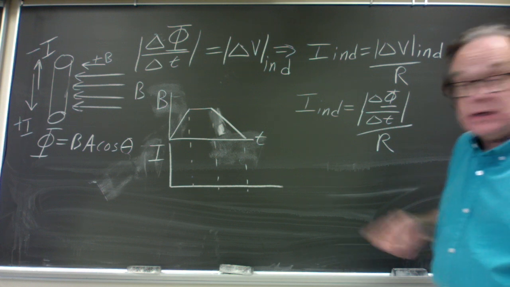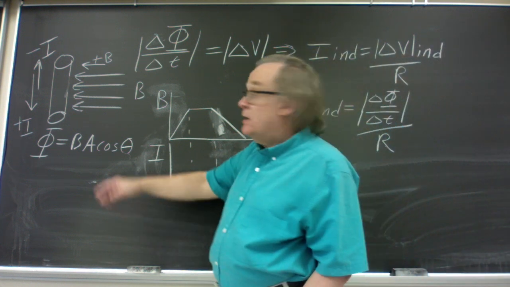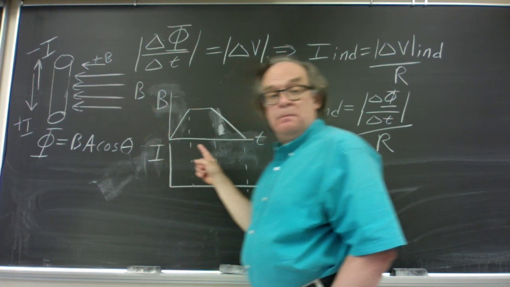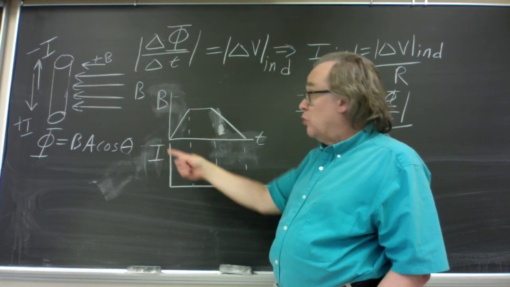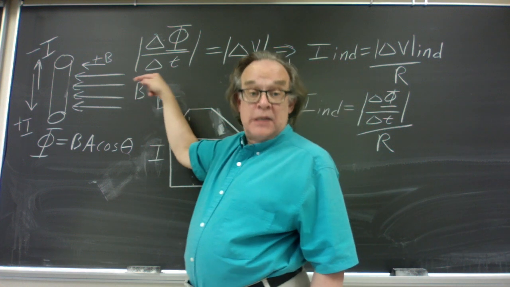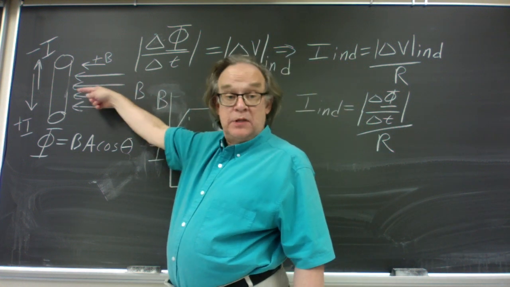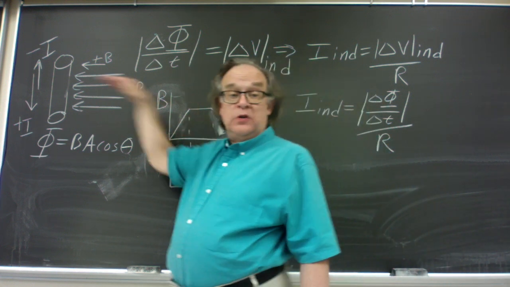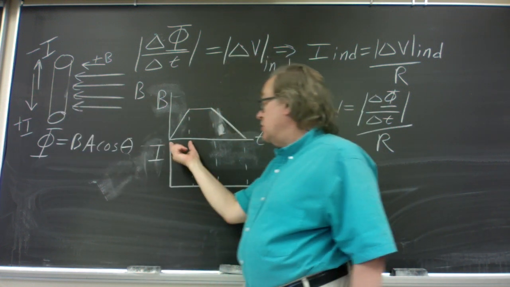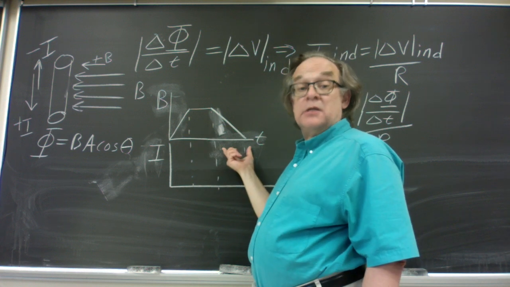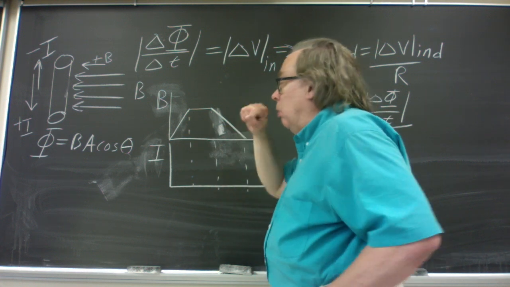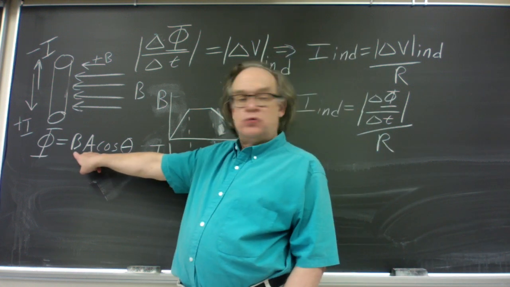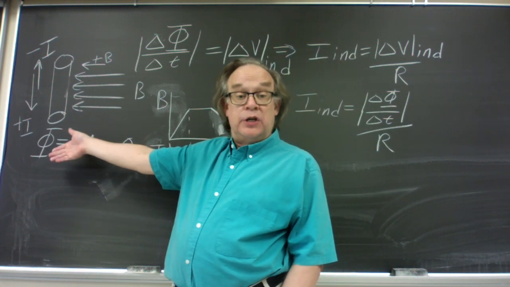So let's look at a specific example here. Let's say we've got this magnetic field always pointing this way, but changing in magnitude. We'll say that positive field is field that's pointing this way. So always positive field, always field that's pointing that way, but for a while it's increasing, then stays constant, then decreases. And of course, if the field strength is changing, flux is changing.